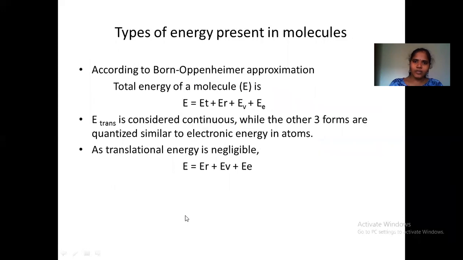According to the Born-Oppenheimer approximation, the total energy of a molecule is the sum of all 4 types of energy. But as the translational energy is very small, we can neglect it, and the total energy of a molecule is the sum of the remaining 3 energies: vibrational, rotational, and electronic.